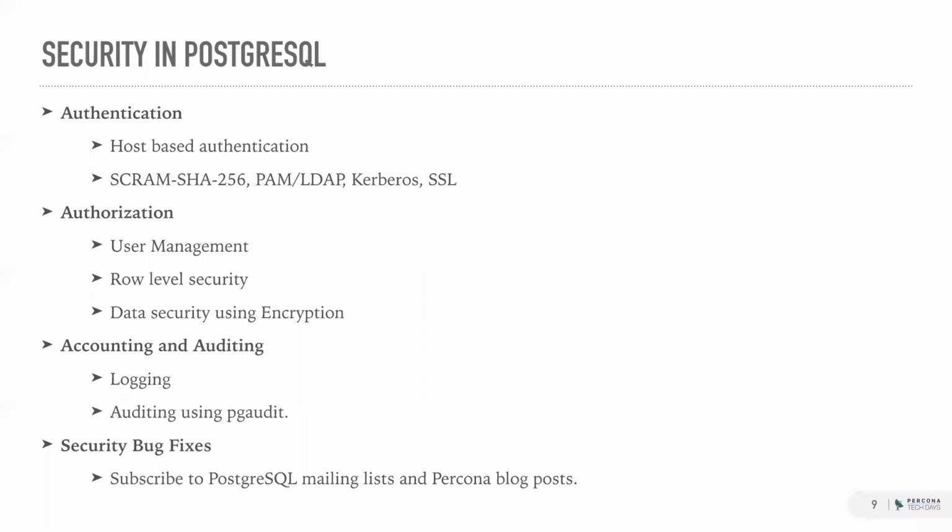You could also implement encryption using file system level encryption, of course, but you also have an extension called PG Crypto that could help you to a great extent. And you could enable detailed logging and debugging with Postgres, and that's available already.